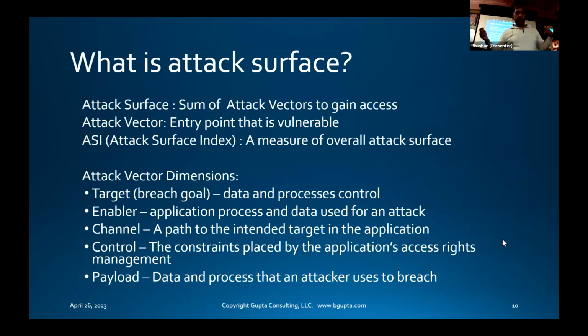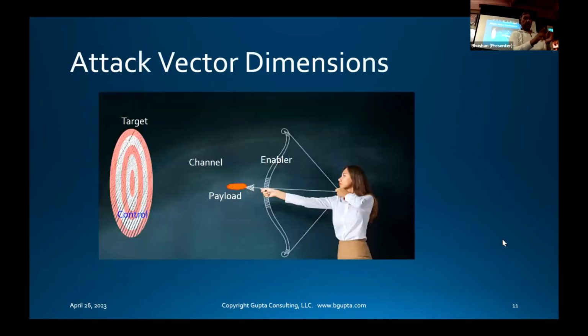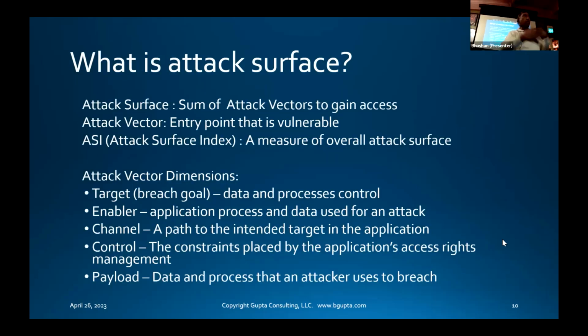The enabler would be a SQL query, and your channel is whatever channel you're using to get to the portal, and then the payload would be the query you have formed to attack the system to get the access. And there is more about this later on. You need to look at this picture to view all that.